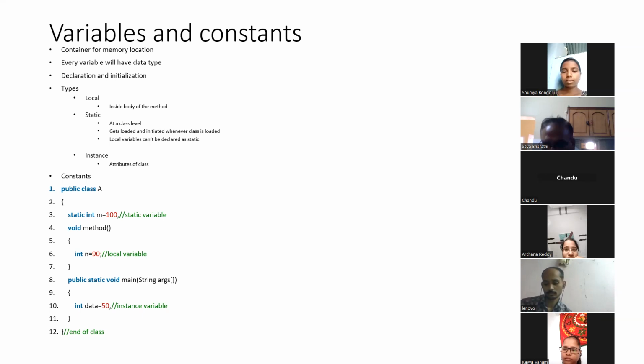Is that clear? So there are 10,000 restaurants. You have 10,000 different values: name is different, address is different, mobile number is different, email is different for these 10,000 restaurants, isn't it?